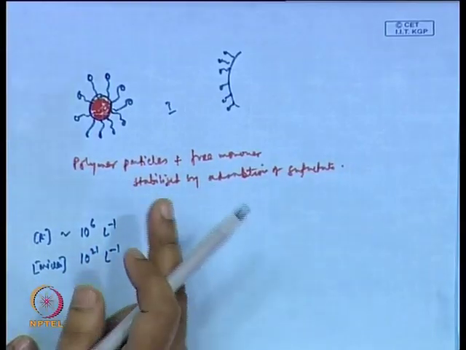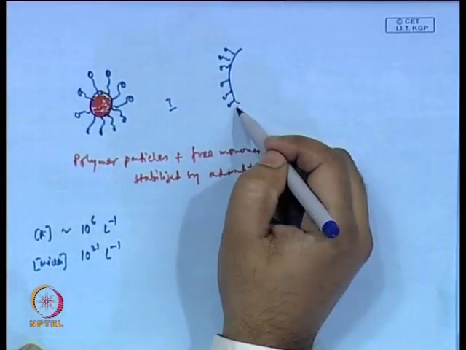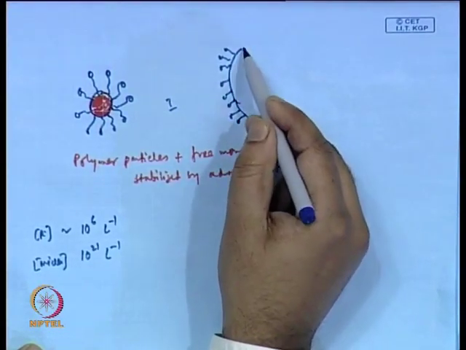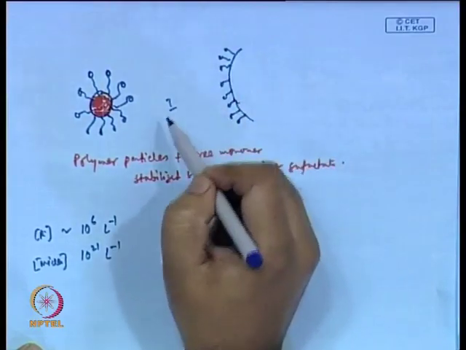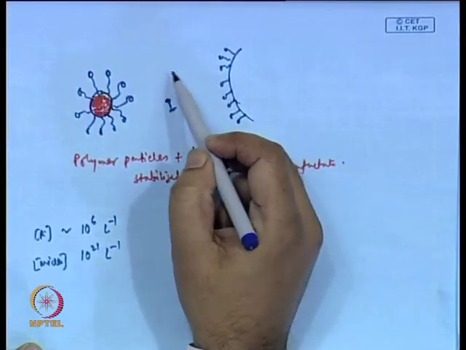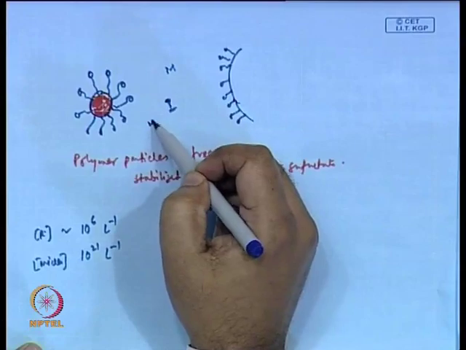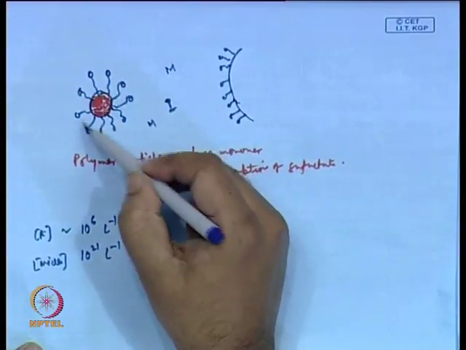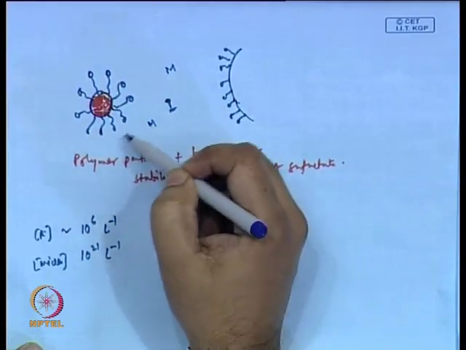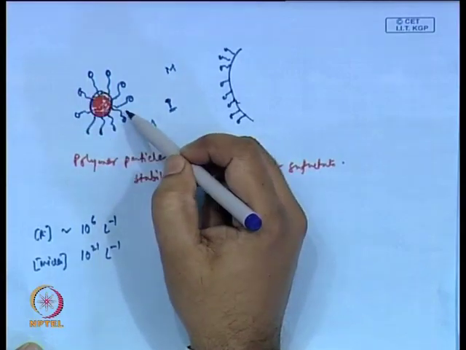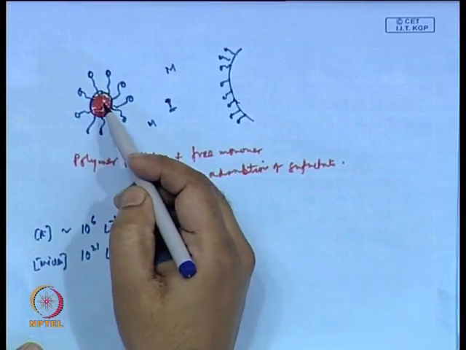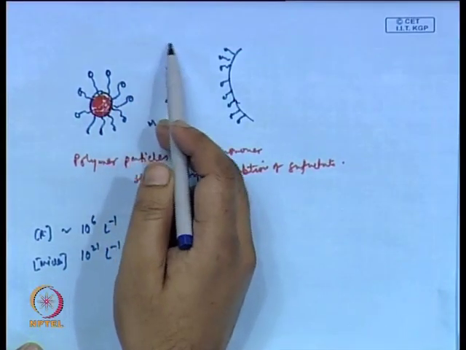One more time, at the end of stage 1, you have large monomer droplets stabilized by the adsorption of surfactant molecules. Of course, the size has shrunk from the beginning. The initiator molecule is still present in the solution. You have monomer molecules as well, and you have polymer particles, which are polymer plus free monomers, stabilized by the adsorption of surfactant molecules. These have formed by the polymerization in the surfactant micelles. There are no free micelles at this time.